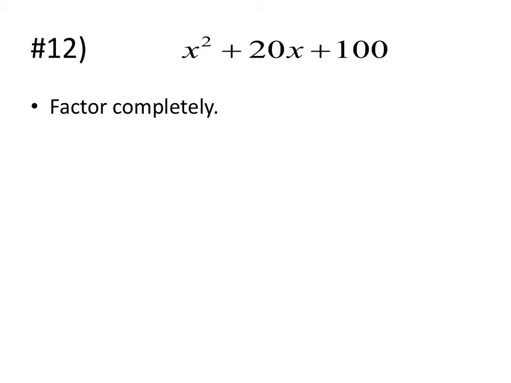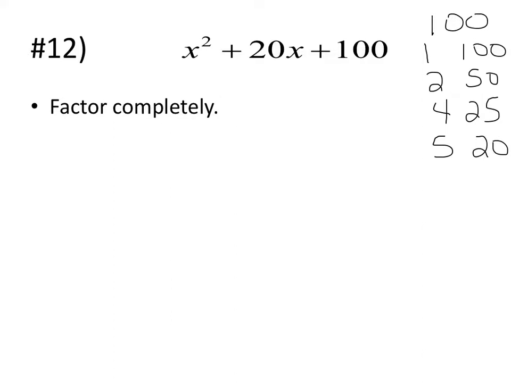All right, now we've got x squared plus 20x plus 100. This could be a perfect square, but if you didn't notice that, you can just do it regularly. You can say 100, and then 1 times 100, 2 times 50, 4 times 25, 5 times 20, and I want 20.